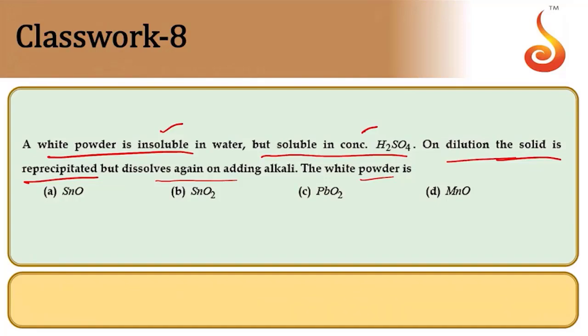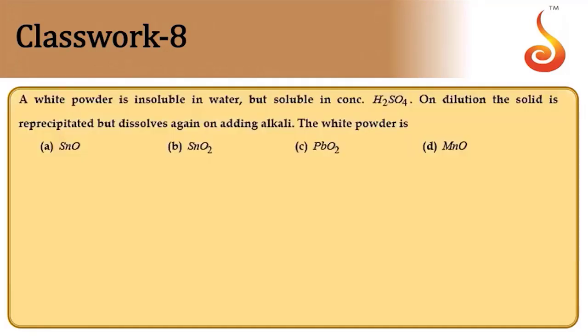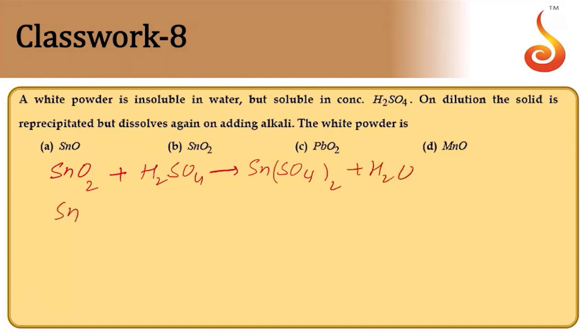Let us see the reactions here once. When you take SnO2 and add sulfuric acid, H2SO4, it forms tin sulfate, that is 2 SnSO4 plus H2O. This tin sulfate on dilution, that is when you add water, again forms SnO2 and H2SO4.